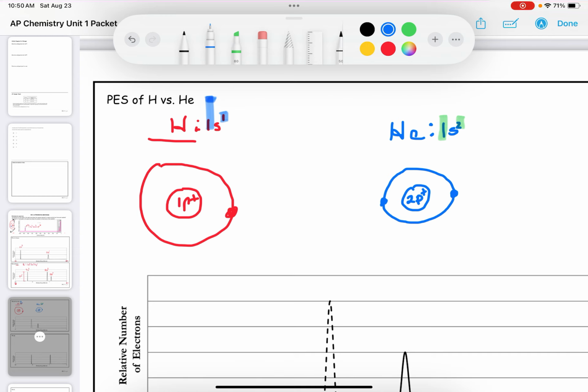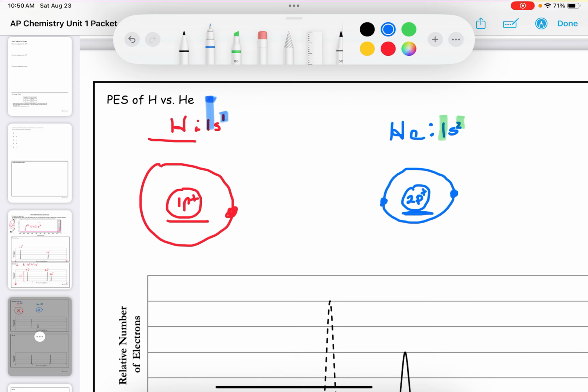Think of the nucleus as a little positive center. Hydrogen has a charge of +1, where helium has a charge of +2. So the helium is like a stronger magnet, and the hydrogen is not quite as strong of a magnet.